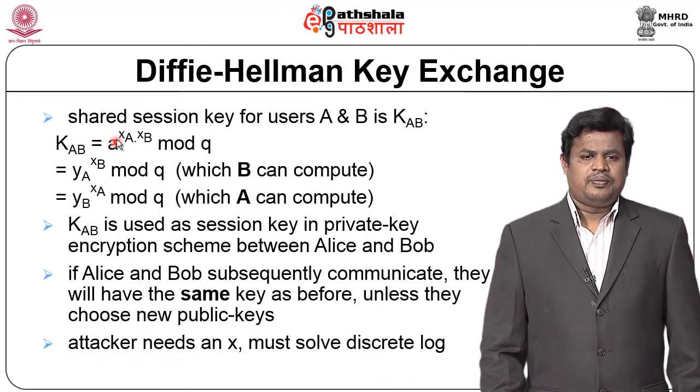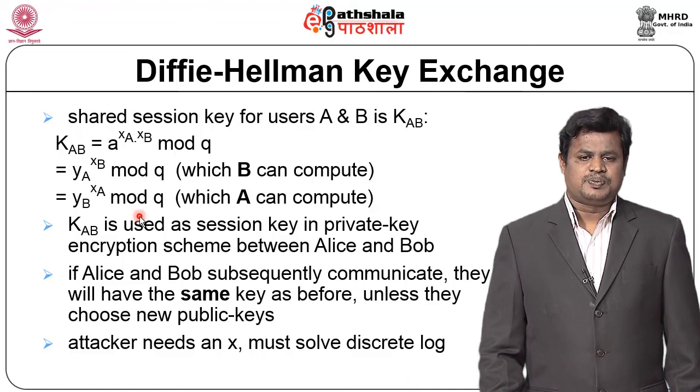Then y is computed and also shared in public. Once shared, they will generate the session key for the two users, that is KAB. Between A and B, they need to generate the session key, as we discussed with respect to symmetric key algorithms. They can use this particular key.